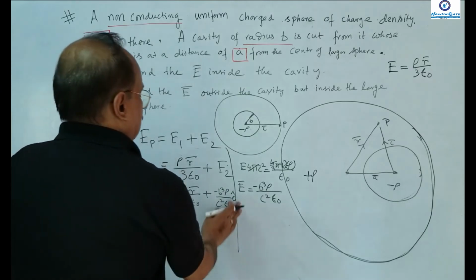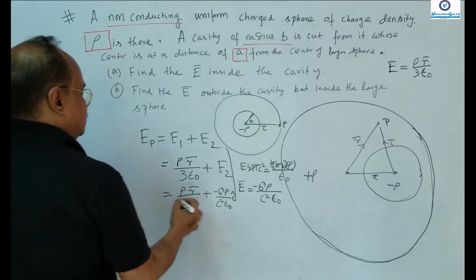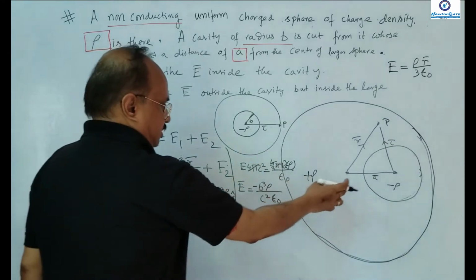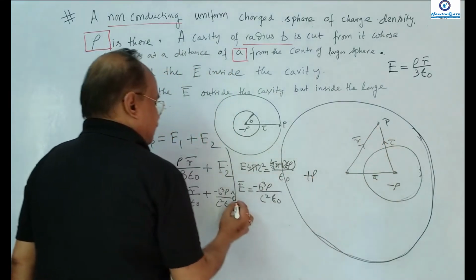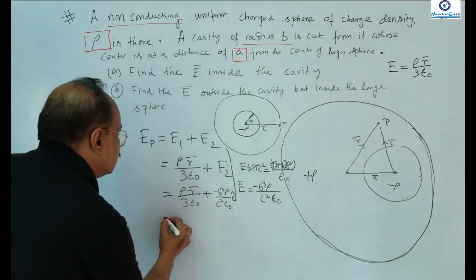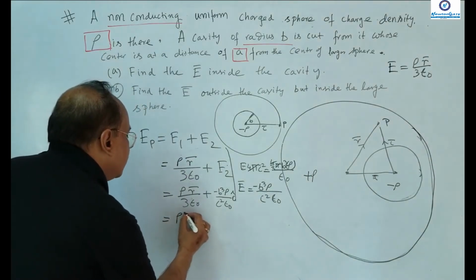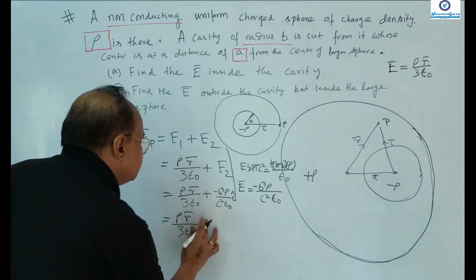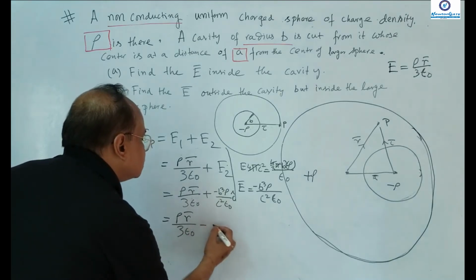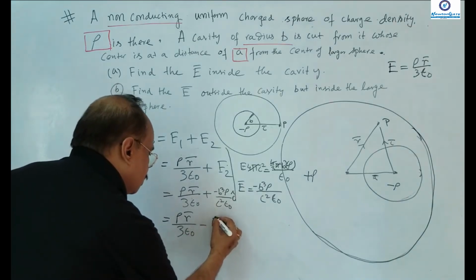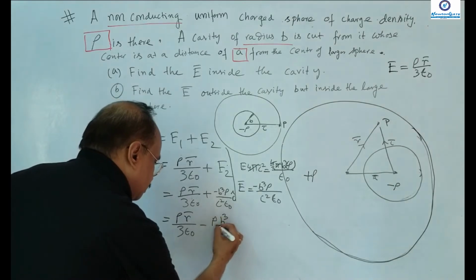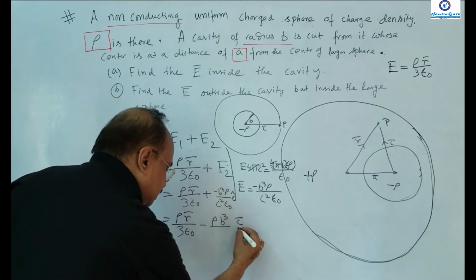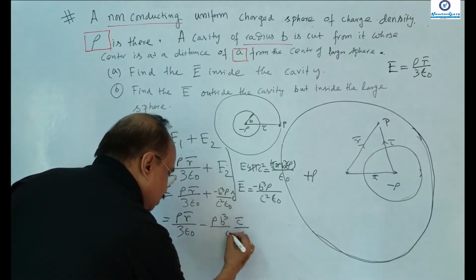Now to make this c vector clear, these are the unit vectors. So rho r divided by 3 epsilon naught, this will now become minus rho b cube divided by epsilon naught, and in place of the unit vector I can write vector c divided by c, into c square.